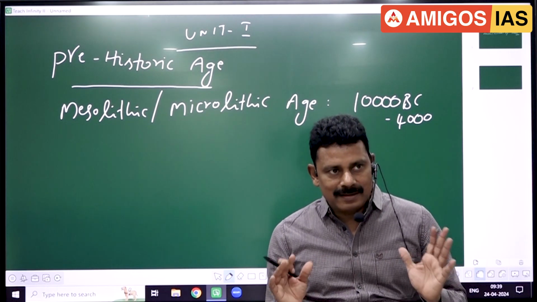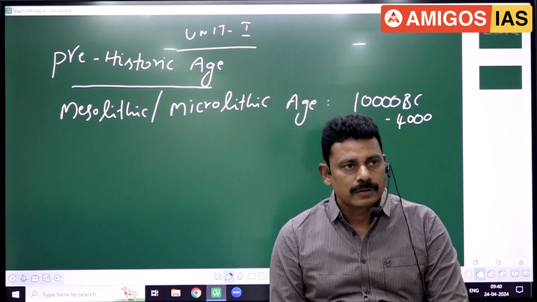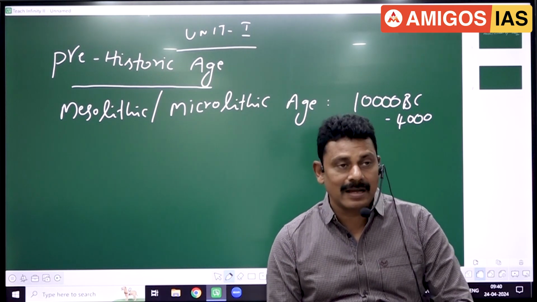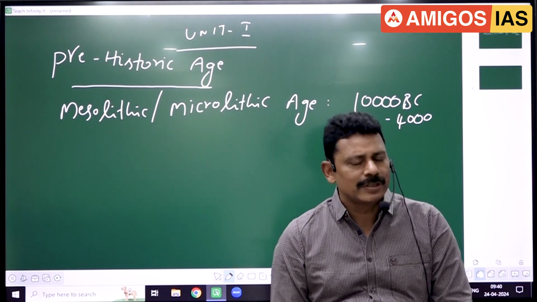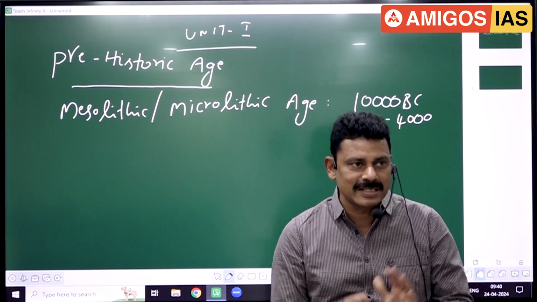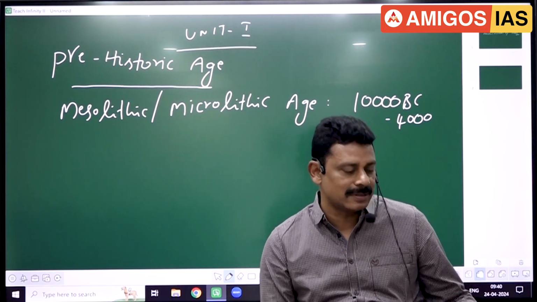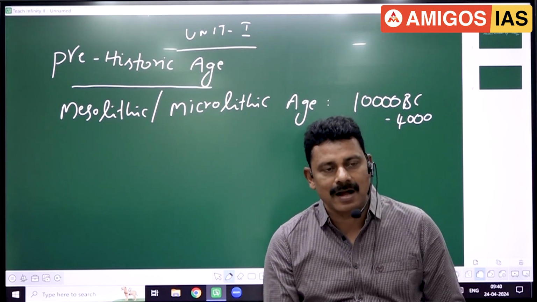So who is the archaeologist to find the first site relating to the Mesolithic period in Andhra? Again, the credit should be given to Robert Bruce Foote. So he should be considered the father of archaeology as far as South India is concerned. Robert Bruce Foote discovered the earliest Mesolithic site in Andhra.